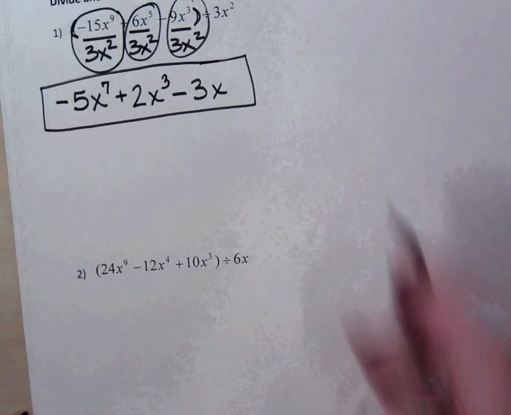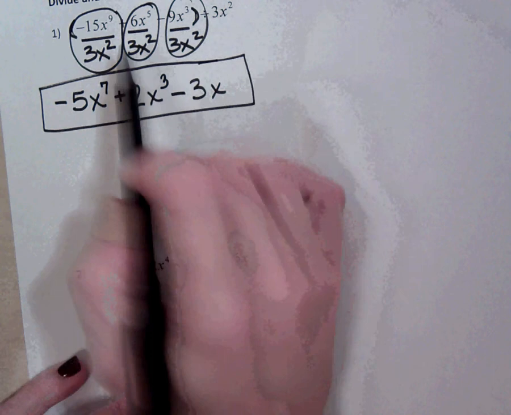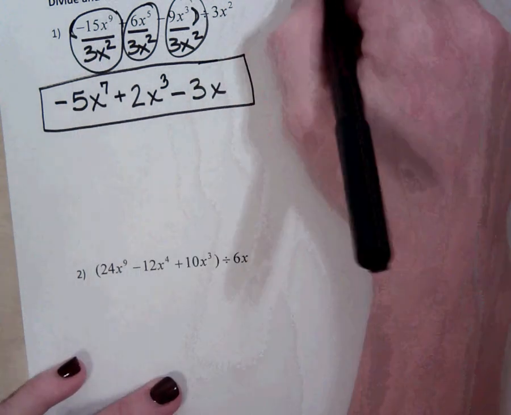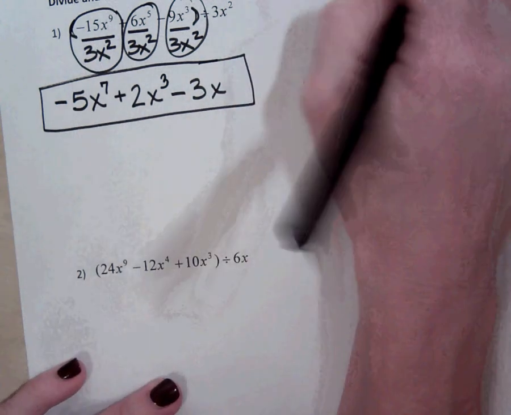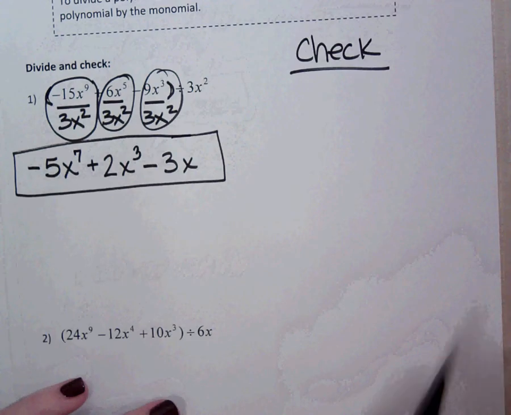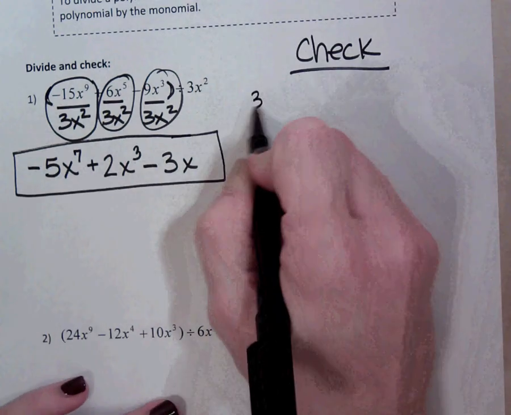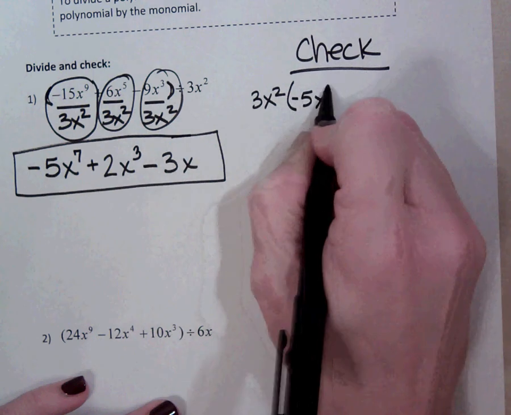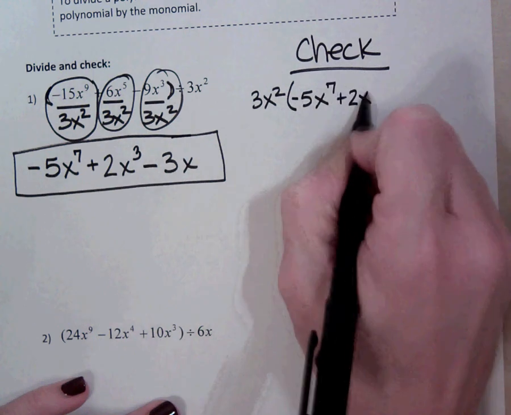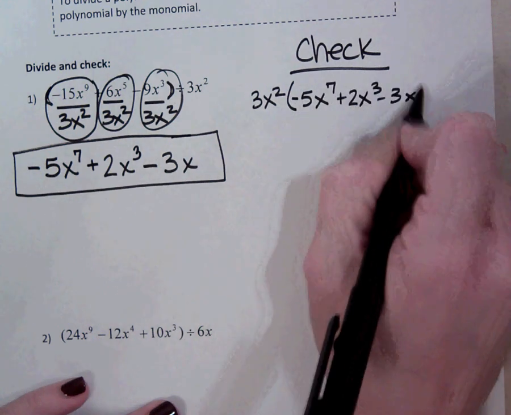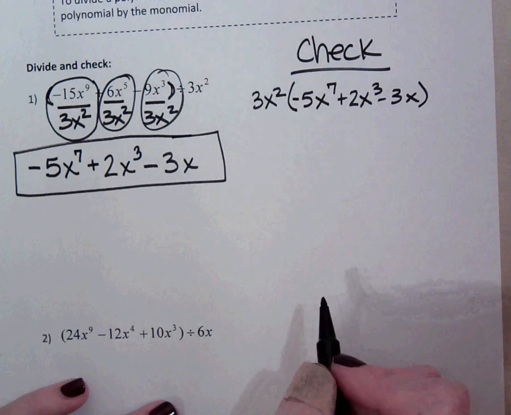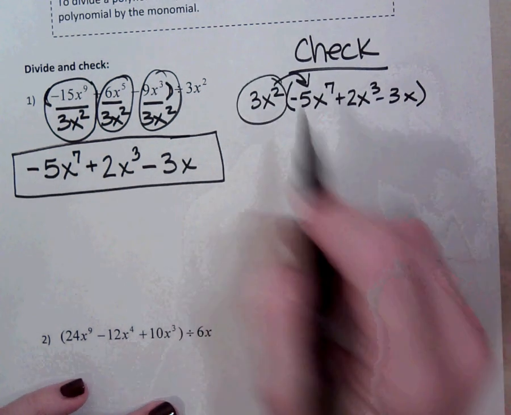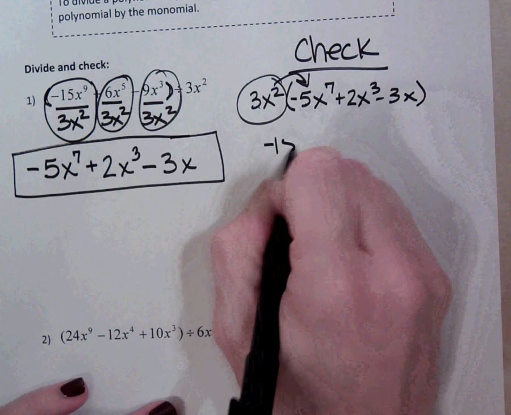Now, if you want to check your answer, since we divided, we can check by multiplying. So to check my answer, I'm going to take my divisor, which was the 3x squared, and I'm going to multiply it by the answer that I got. And if everything multiplies out, then I know I did it right. So I'm going to distribute here. So 3 times negative 5 is negative 15.